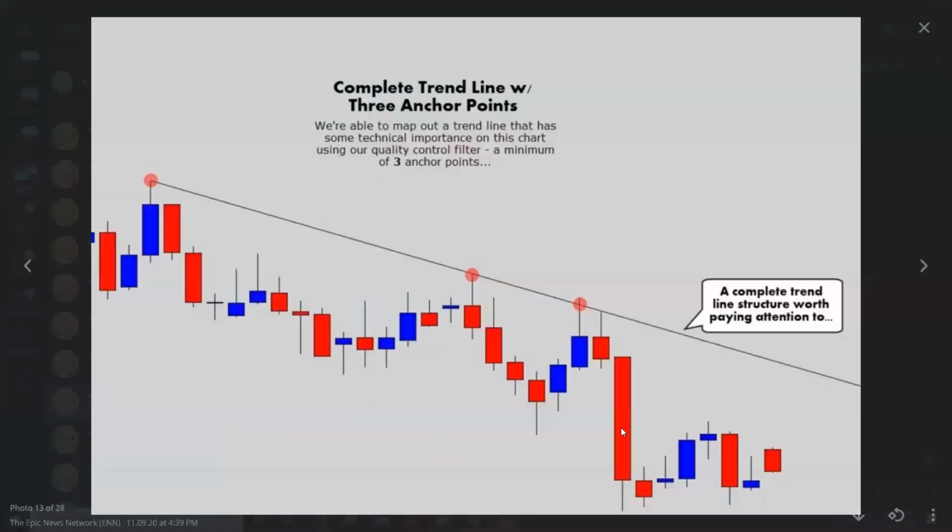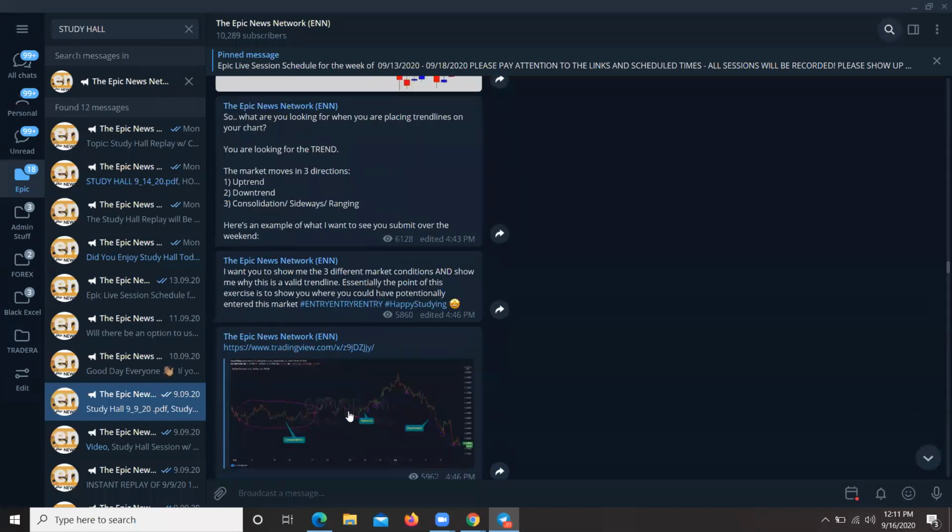I posted this picture so you can see, because some people will pull the line into the body of the candle. No, you want to actually grab hold of the wicks. 2 to 3 touches is a valid trend line. So I posted an example right here.